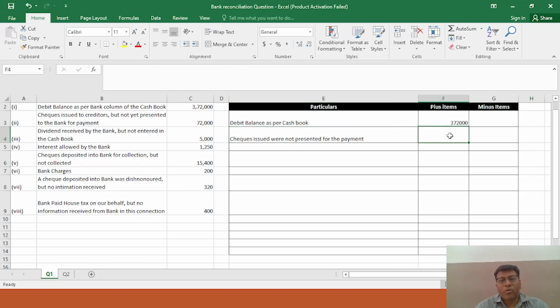So the opposite book is the bank passbook, right? You have to focus on the opposite book, because you are maintaining your cash book. In the very first line we mentioned the debit balance as per cash book. So the cash book balance is given to you, so you have to think of the opposite book, that is the passbook, right? And what is the impact in that particular book of this transaction?